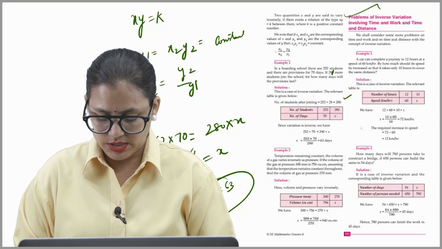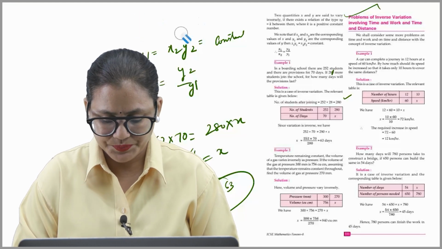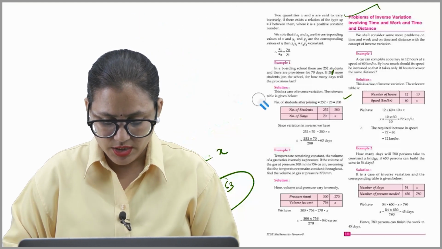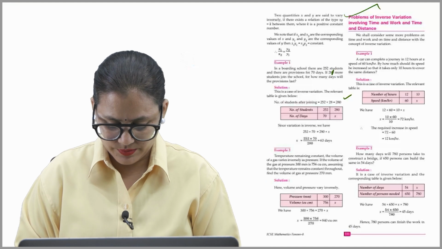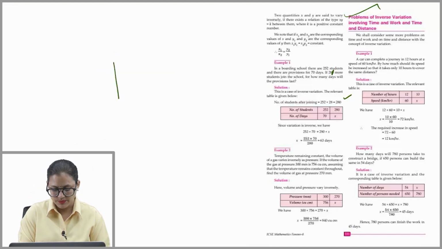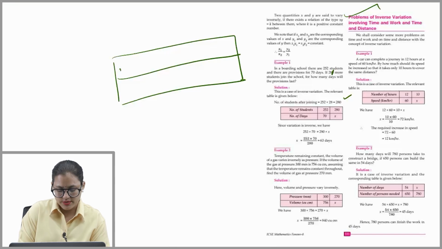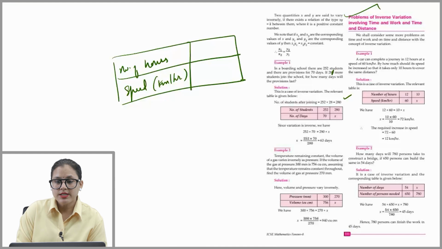So, the relevant table is, we'll write here number of hours and speed in kilometer per hour.